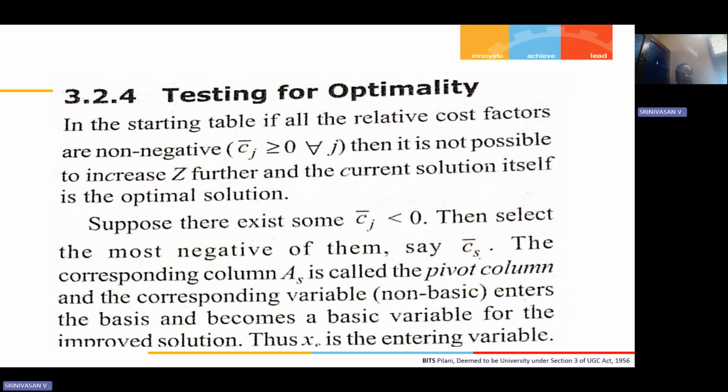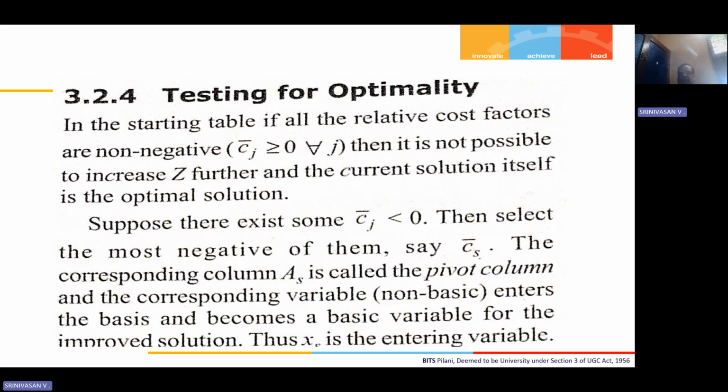If there is more than one, select the most negative of them, say Cs bar. The corresponding column is denoted by As.